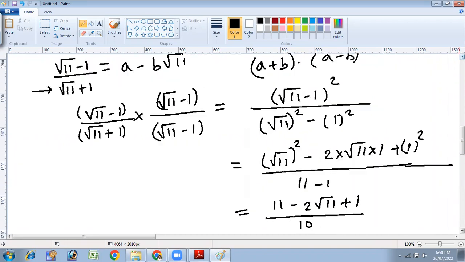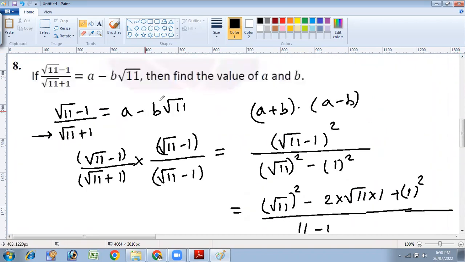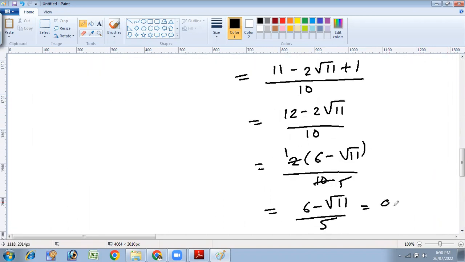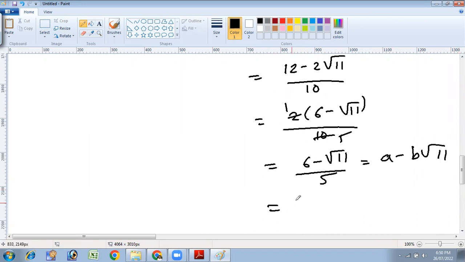Now here a minus b root 11 is given. Now look here, just separate out this: 6 upon 5, and here root 11 divided by 5.